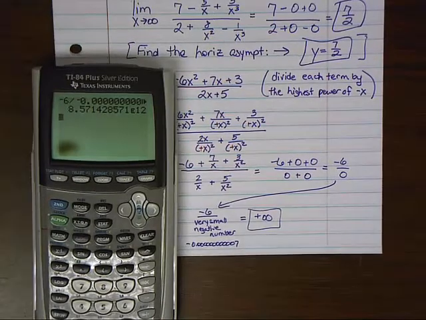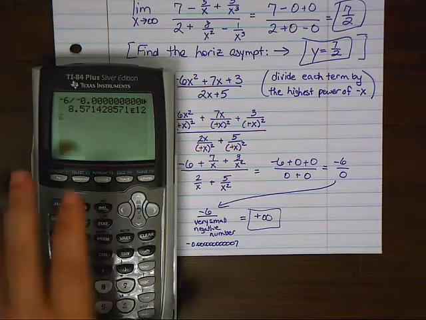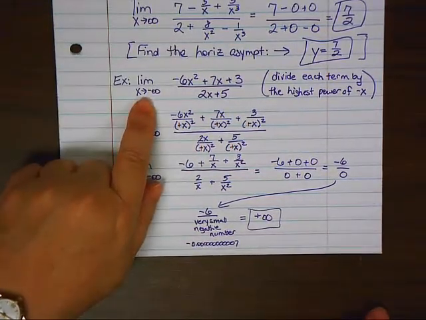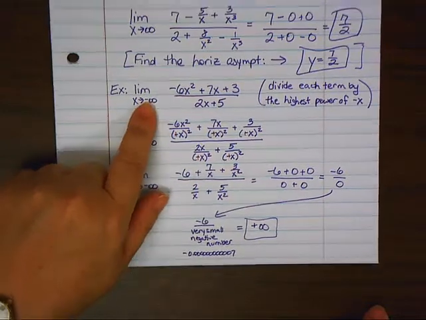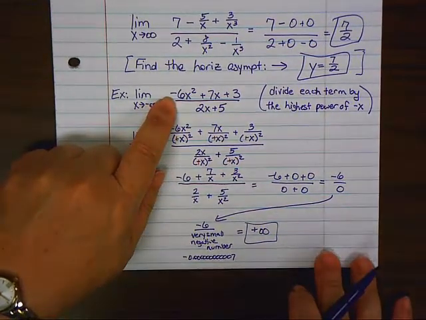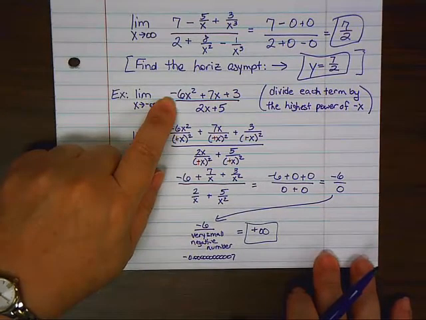Now, let me address a couple questions that my first period had that I know you guys are probably milling around in your head. Does this only happen when that's a negative infinity? The answer is no. It could happen when it's a positive infinity as well. Now, here's another question. What if that was a positive 6 instead of a negative 6? Let's think about that scenario.